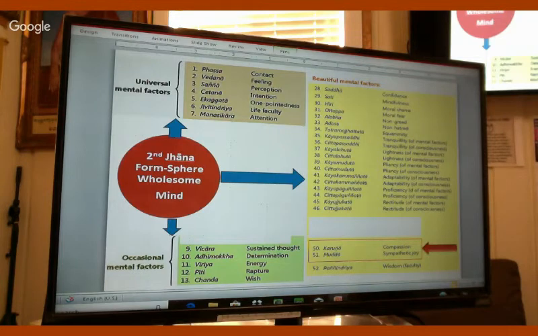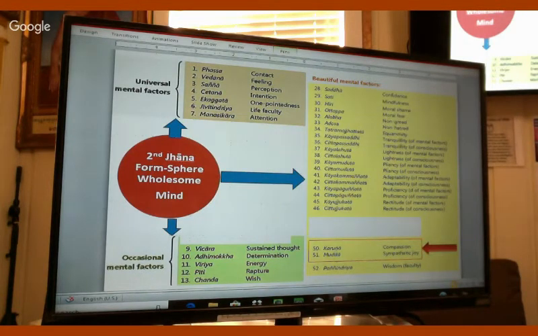But the important point is that Vitaka is like shaking the mind. If you have Vitaka always putting your mind to the object, it is like agitation in your mind. That's why for the second jhana, the person after getting the first jhana looks at the Vitaka: go away, no good.